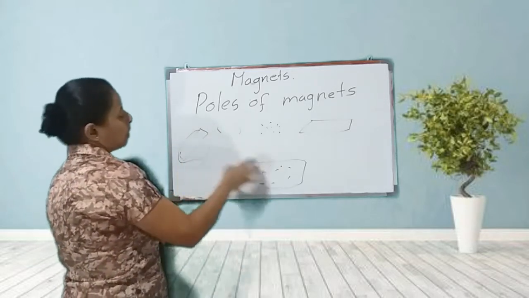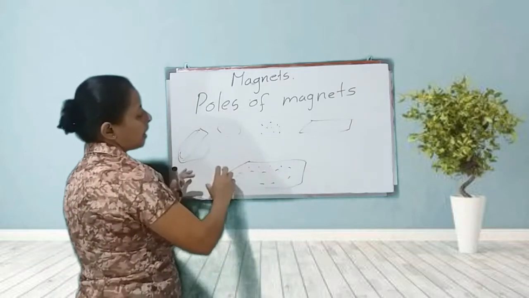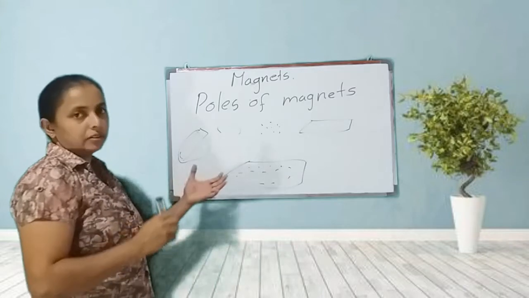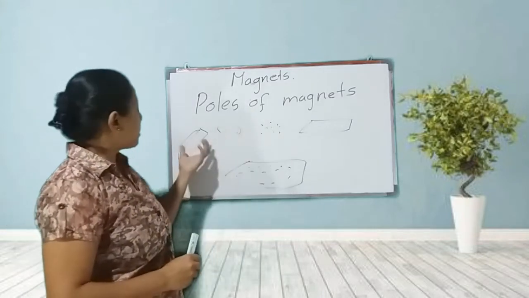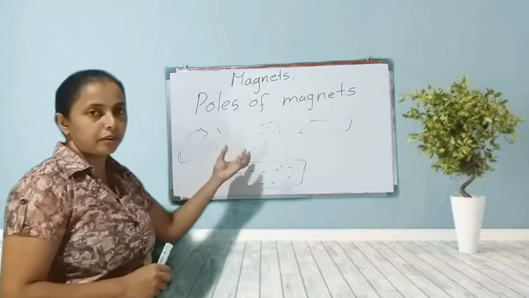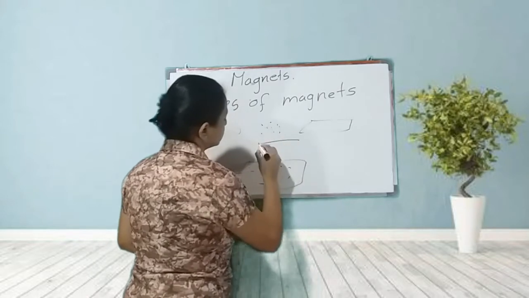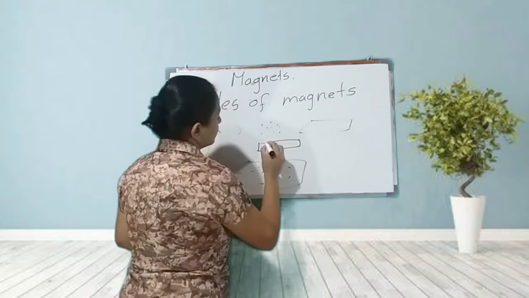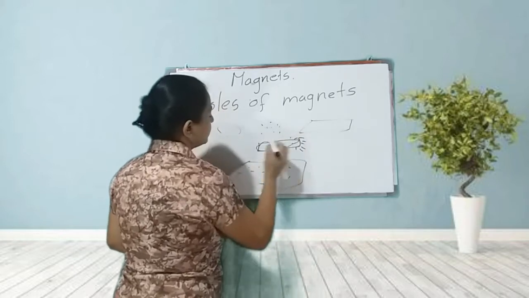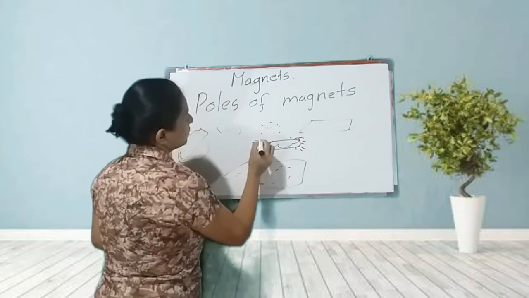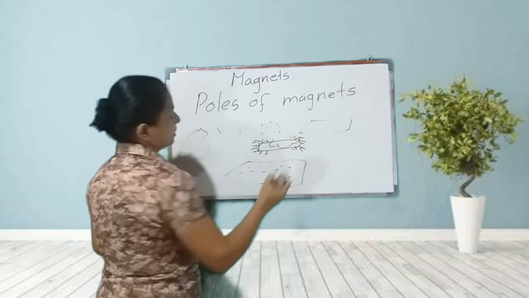Then we take the magnet, dip it into the iron filings, and take the magnet out. We can observe that the iron filings are mostly attached at these end points.